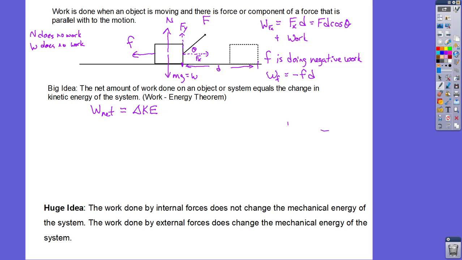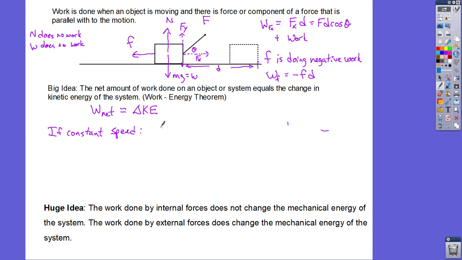So if we have constant speed, for example, then what do we know? If something's moving at constant speed, F net equals 0.